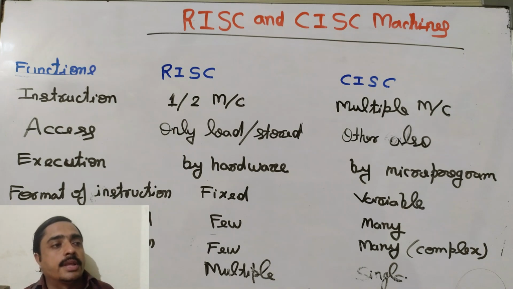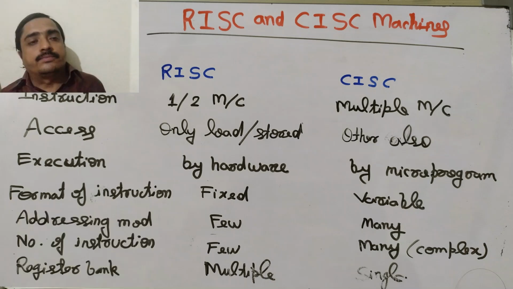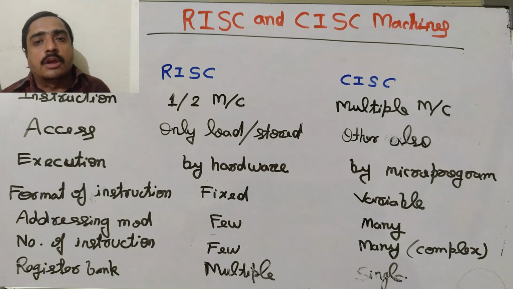Now the next point, format of instruction. You know the 8051 instruction format: there is a mnemonic, operand 1 and operand 2. This is the simple format common for microprocessors and microcontrollers. In RISC there is a fixed format, and in CISC there is a variable format.